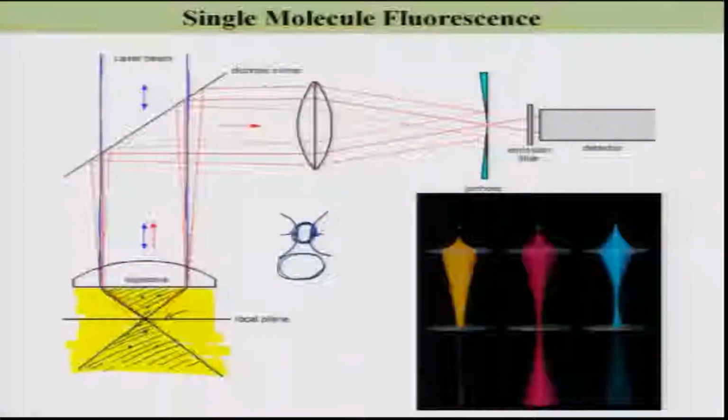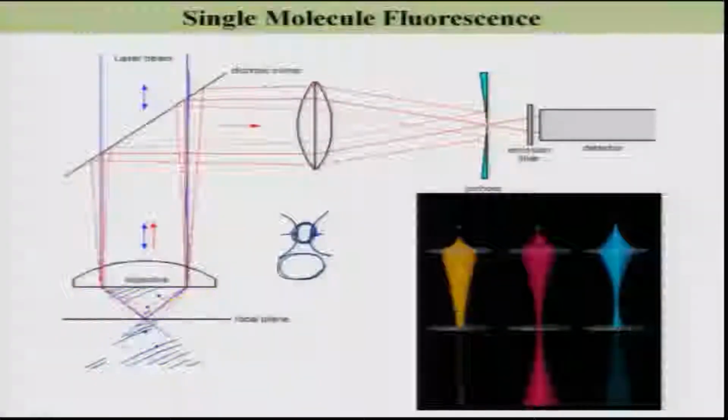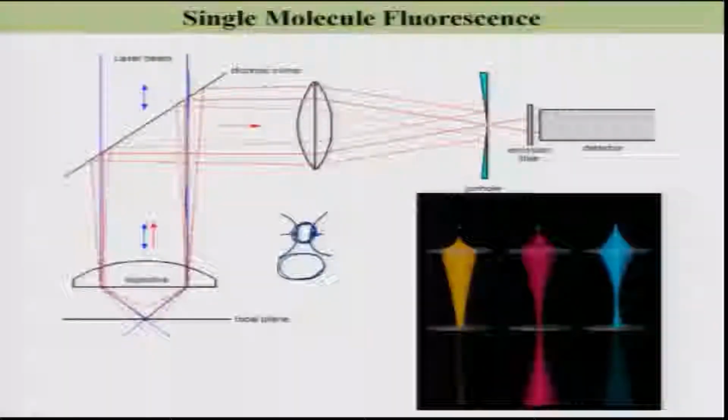It is simple: if you just put a pinhole over here. Now let me erase all those things and you follow this line. As I told you, this blue one is your excitation, so everywhere is excited. The molecule at this position will be excited, the molecule at this position will also be excited, and the molecule at this position will also be excited.